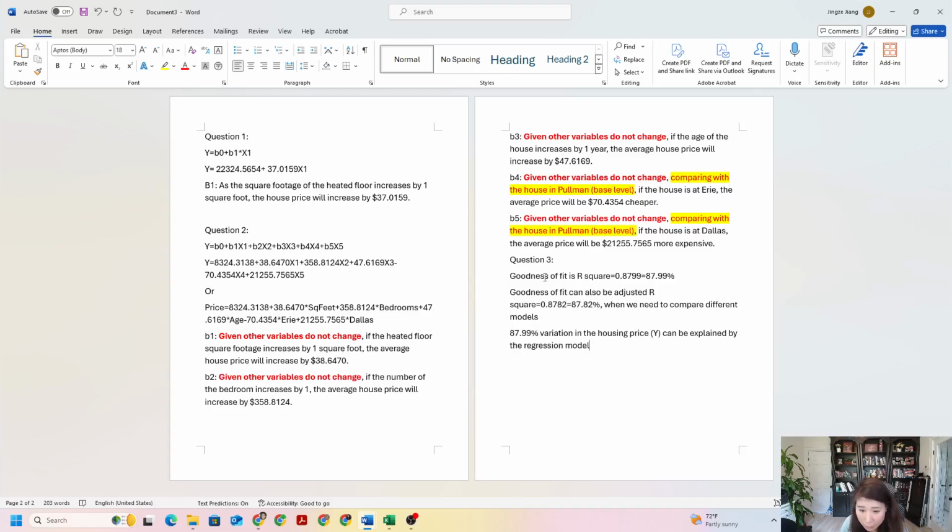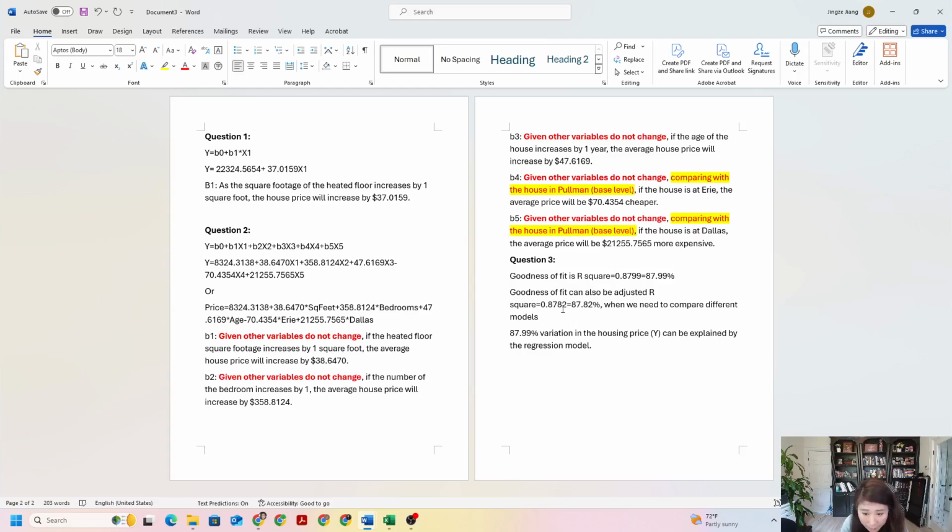That is how you interpret your R-square. Very similarly, if you want to interpret adjusted R-square the same way, 87.82% of the variation in the housing price can be explained by the regression model.